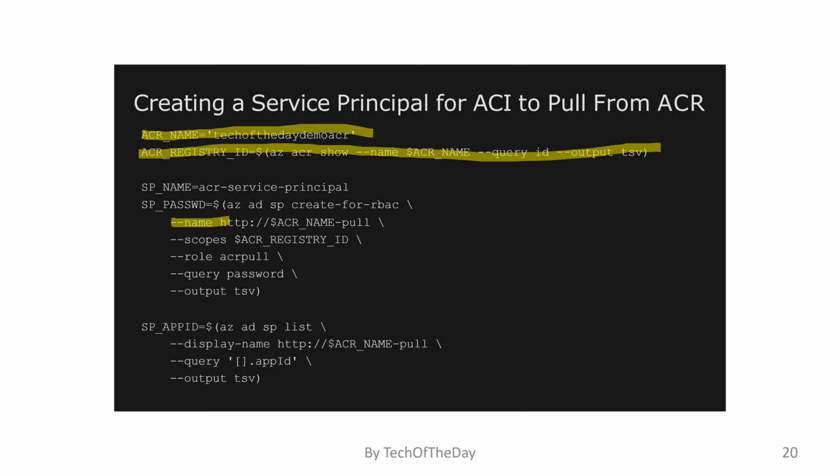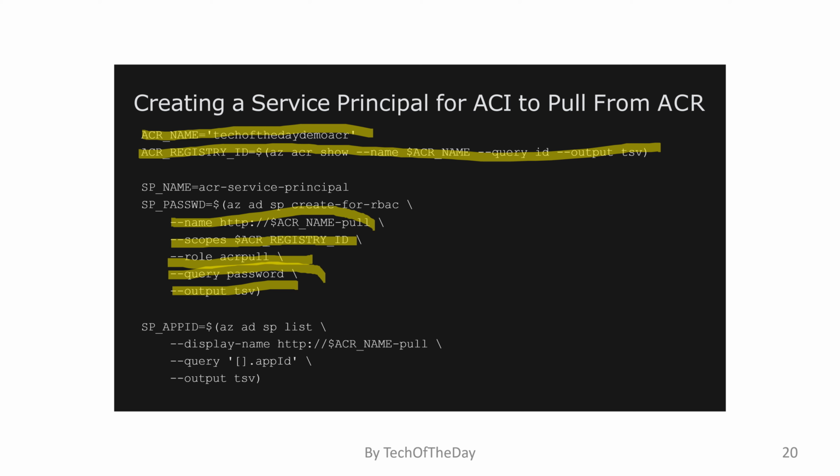Then we have the scope, which is the ACR registry ID, which we recovered here. Role is acrpull, query is password, output is TSV, and we have saved it to SP password.